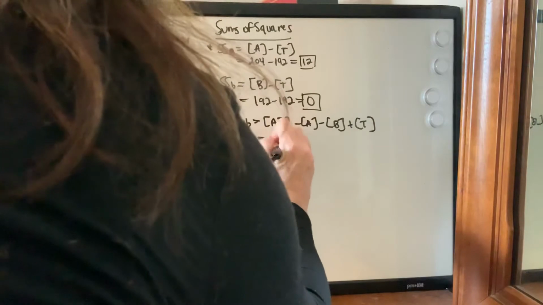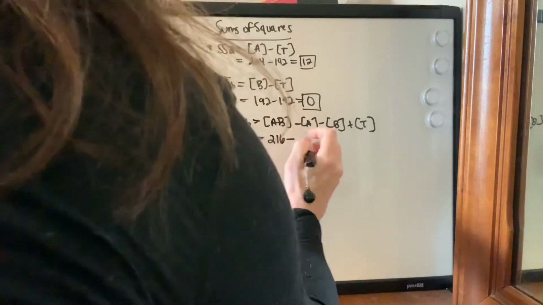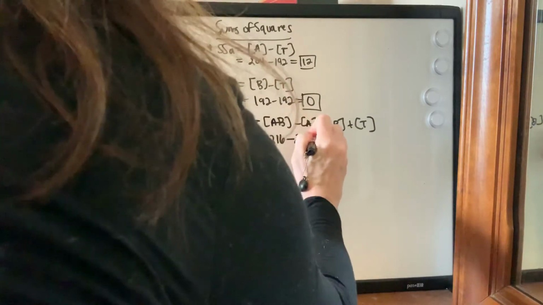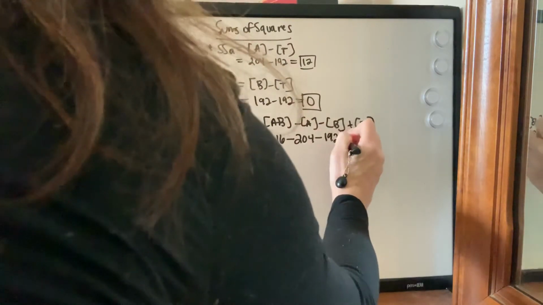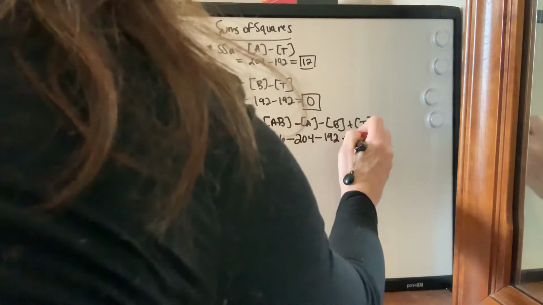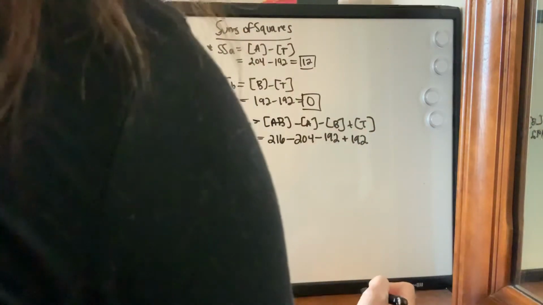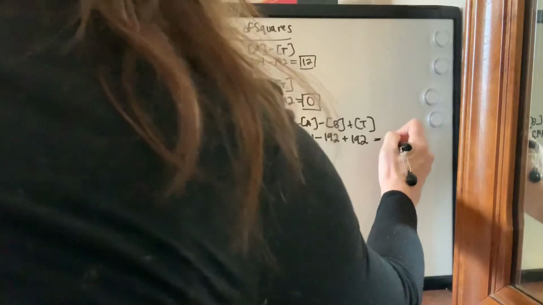All right, so our AB is 216, subtract our A, which is 204, subtract our B, which is 192, and then add T, which is 192. When you do the math on that, that works out to be 12.